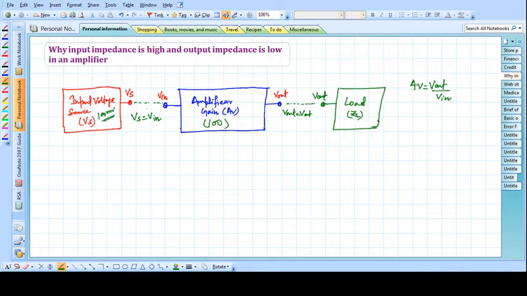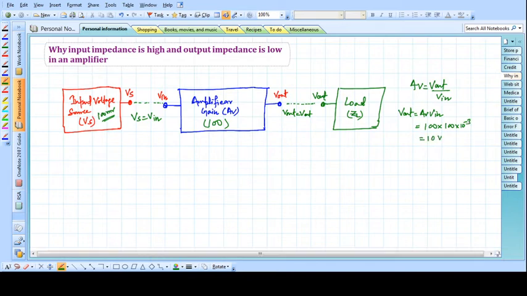The output voltage can be obtained as AV into Vin, where AV is the gain of 100 and Vin equals Vs for the time being. So it is 100 into 10 power minus 3, which gives basically 10 volt, the amplified input.